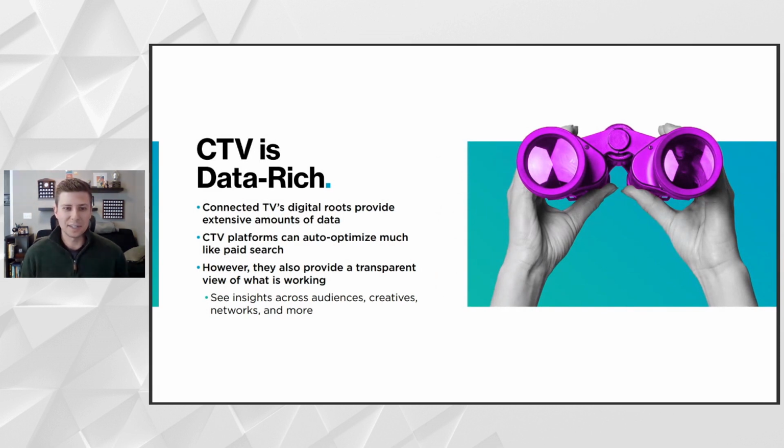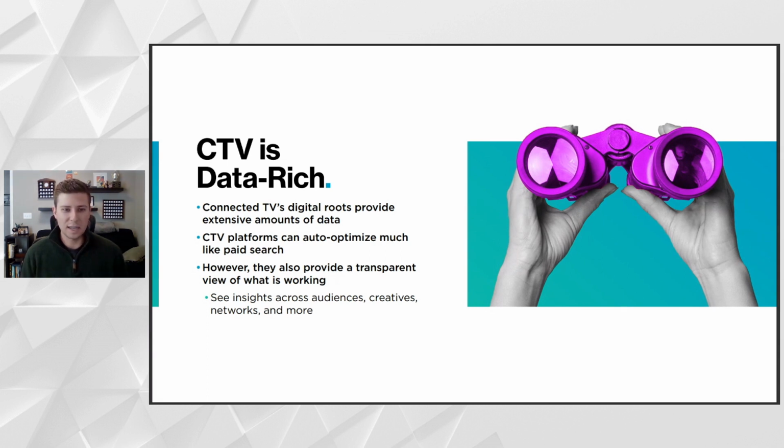CTV is data rich. I think that's something that we think about television historically, linear TV, as not providing a lot of data. And connected TV, because it's rooted in digital, the amount of data is extensive and it's really endless. So how can we take as much data and insight out of the platform while also relying on the tried and true and proven auto optimization strategies and bid strategies that exist to drive performance?